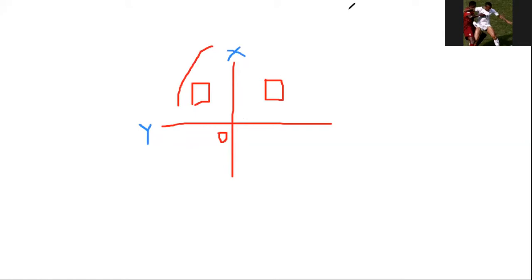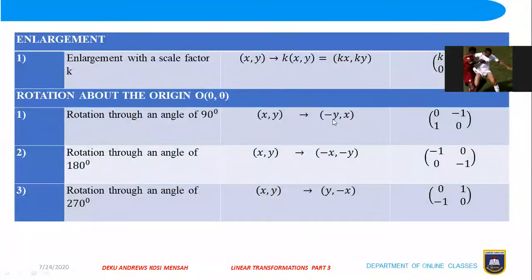So that we can now form the image negative y, x. We can do the same thing for rotation through an angle of 180 degrees.